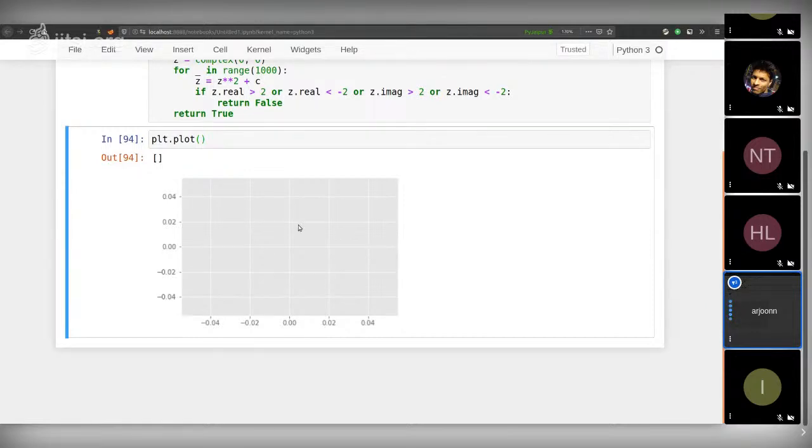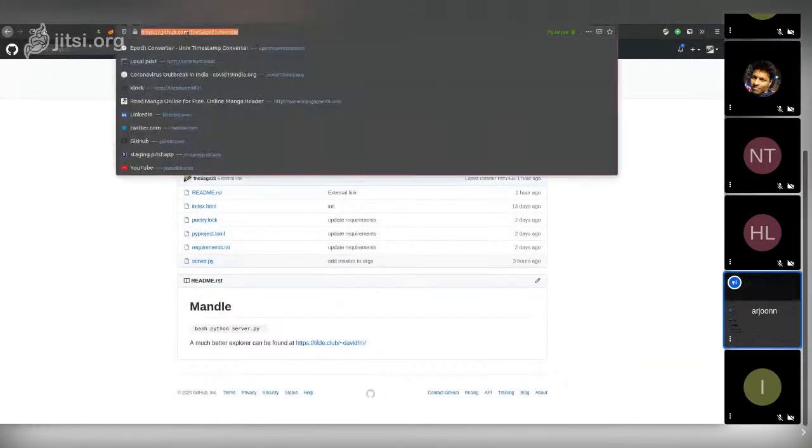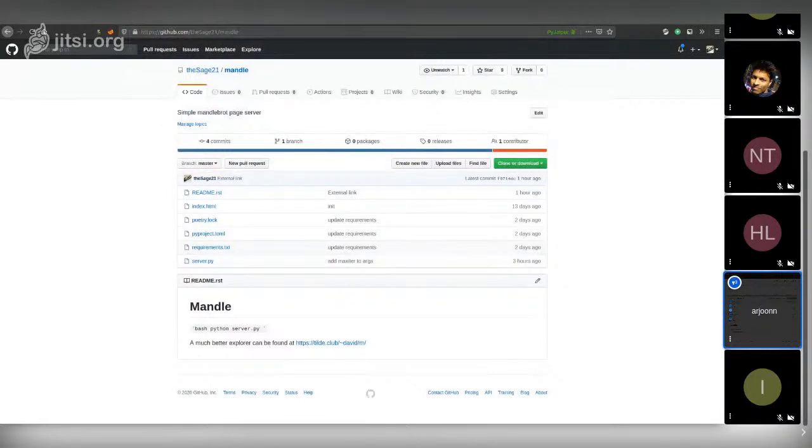And what you end up getting is, for each point, a yes or no decision, and you can color it using black and white and so on, right? This code is already present in this repo. I will just paste the link here. So we'll just open that up.